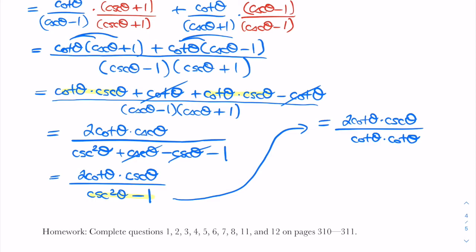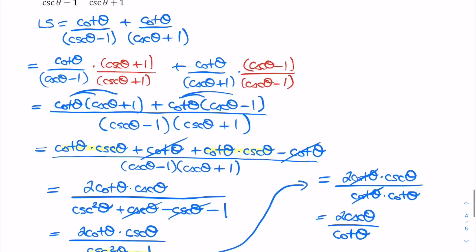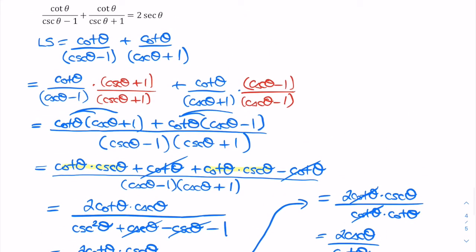Look what happens. Cotangent theta cancels out, leaving us with 2 cosecant theta over cotangent theta. And we have to show that this equals 2 secant theta. So we're almost there.